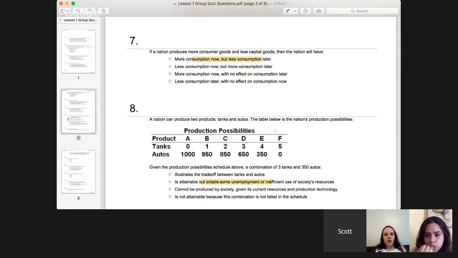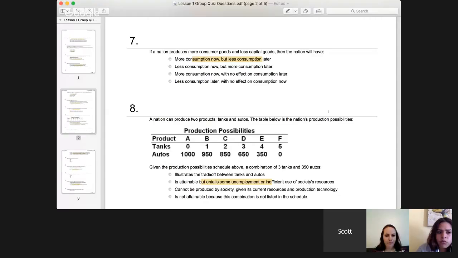So as you produce more capital goods, it increases your ability later to consume. So this trade-off is just producing more things that we can consume now, therefore increasing consumption, and less on those capital or investment goods, so we won't have as much consumption later.